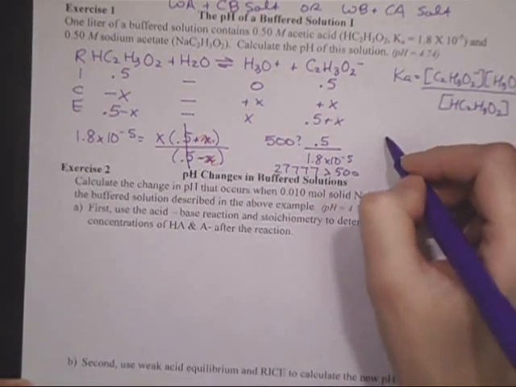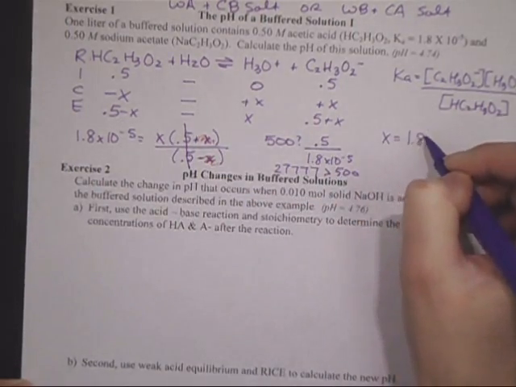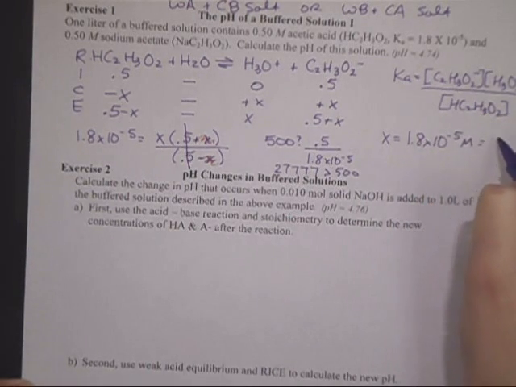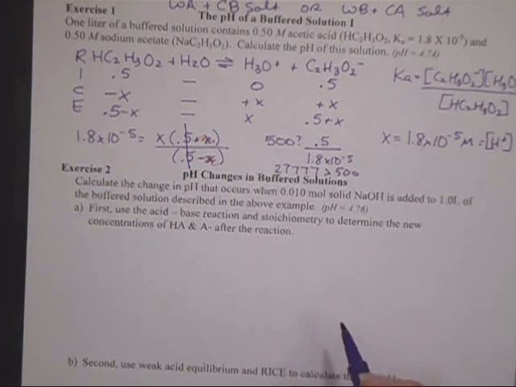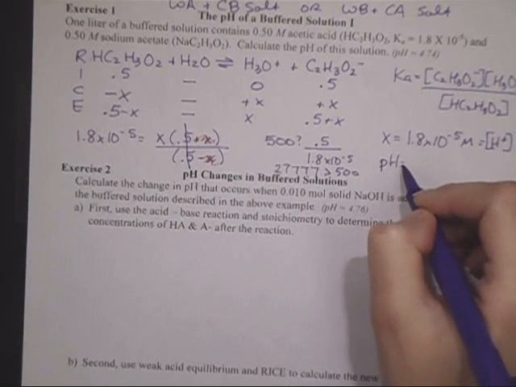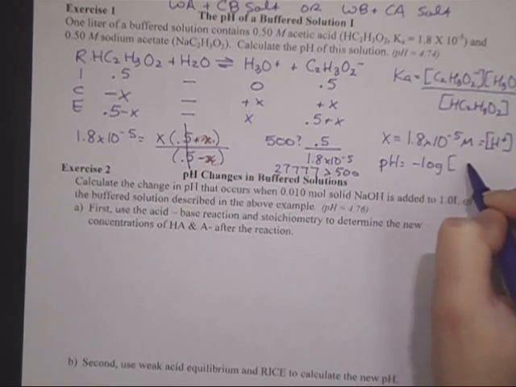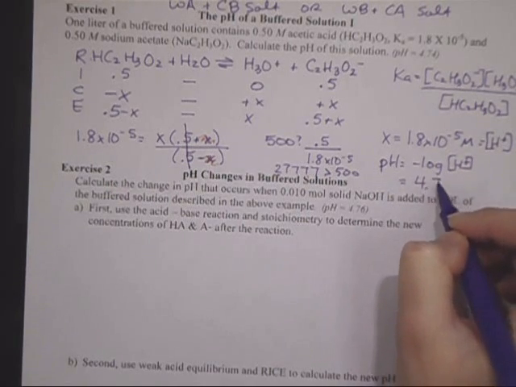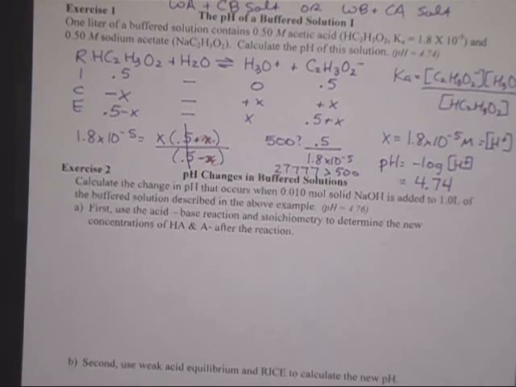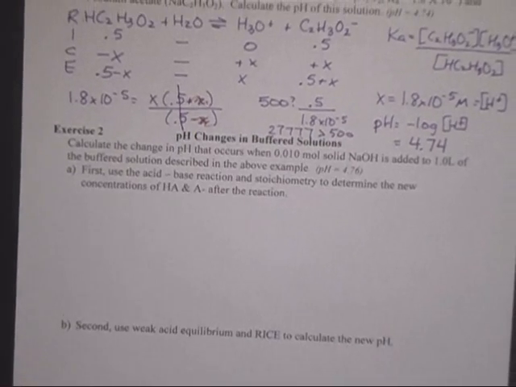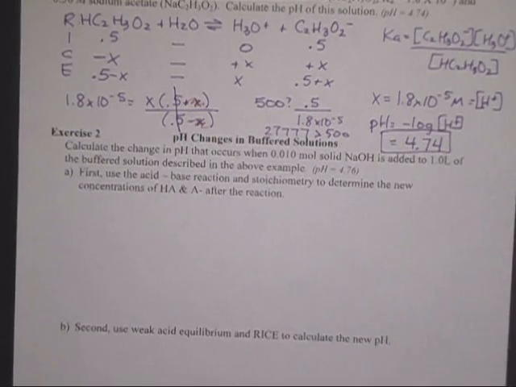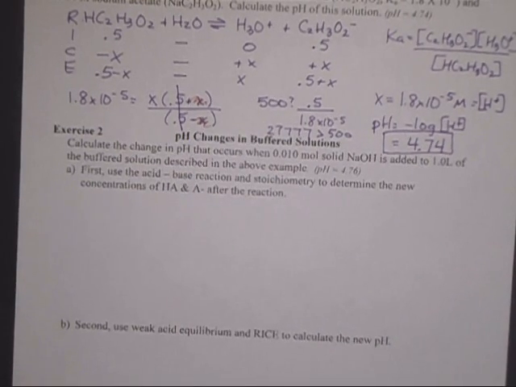So those will cancel, and x is equal to 1.8 times 10 to the minus 5th molar, which is also equal to the hydronium concentration. To get the pH, I take the negative log of my hydrogen concentration, and that gives me 4.74. So my initial buffer solution has a pH of 4.74.